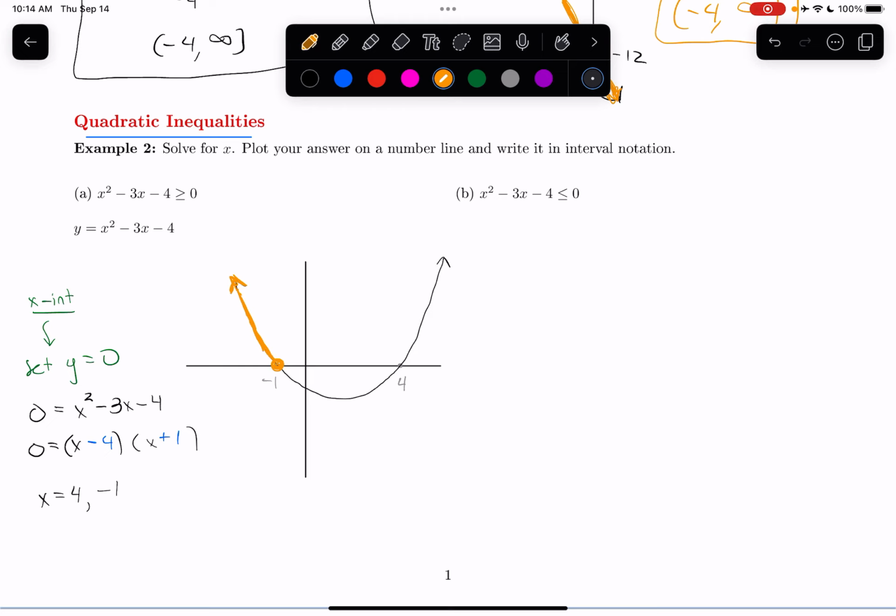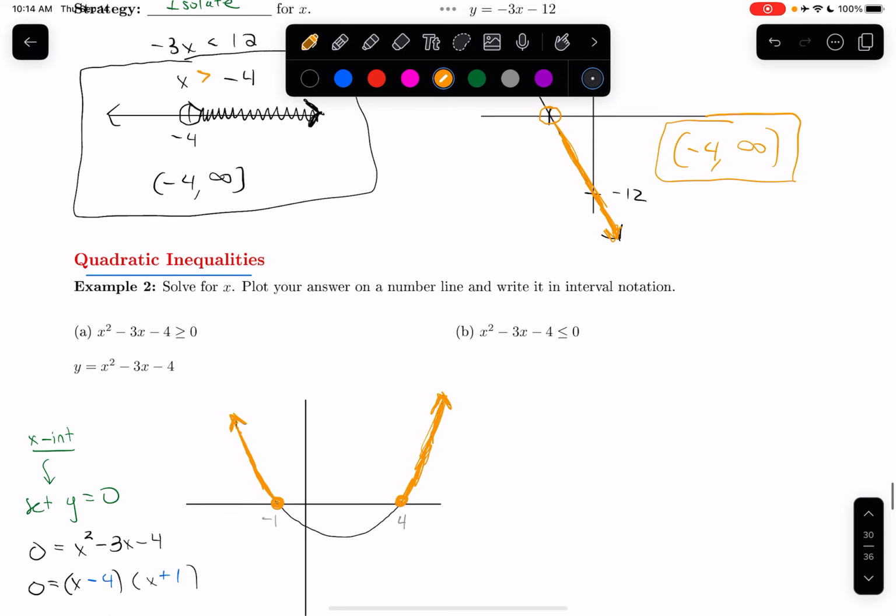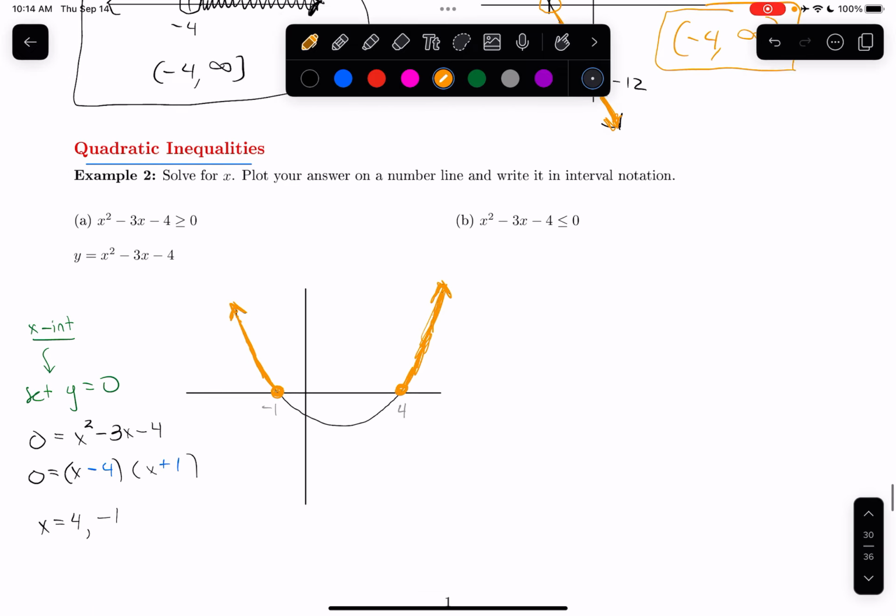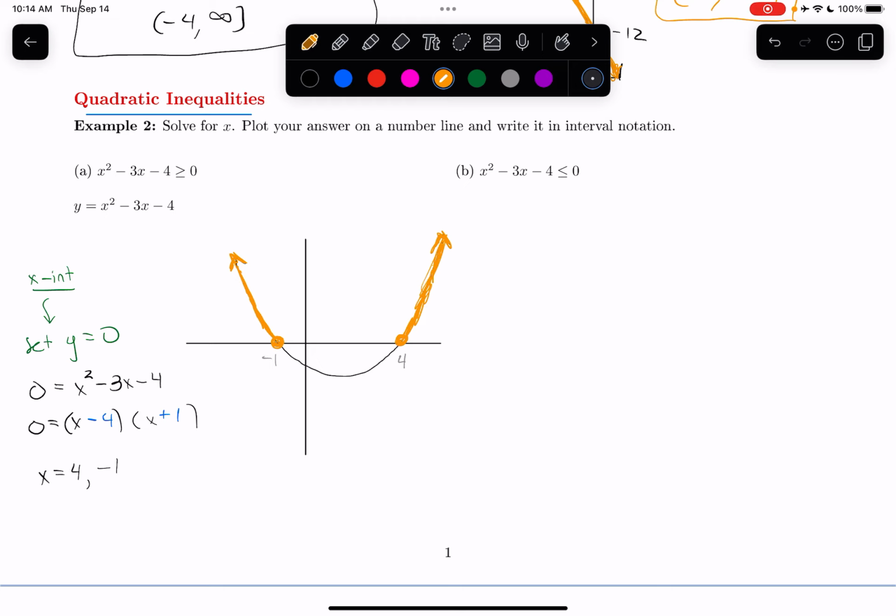But there's this other part of the graph where the y values are greater than or equal to 0, so I'll shade that in, as well as the x-intercept, because there the y value equals 0. Now I'll put this on a number line and in interval notation.